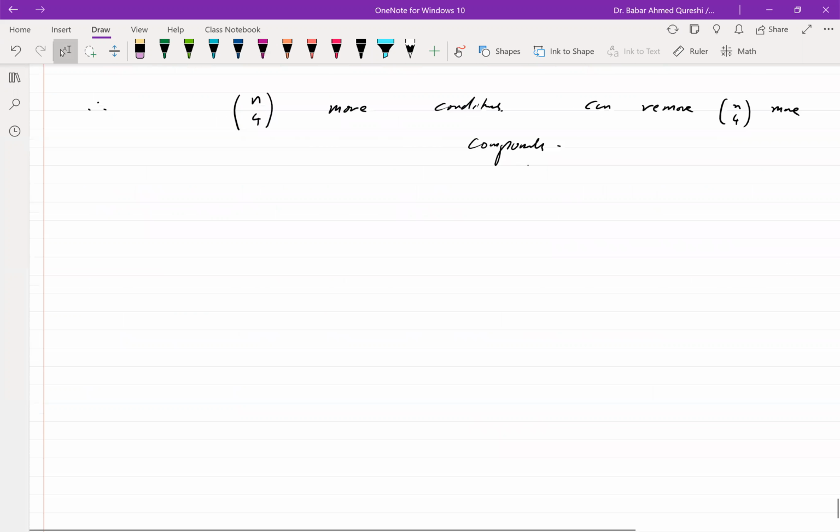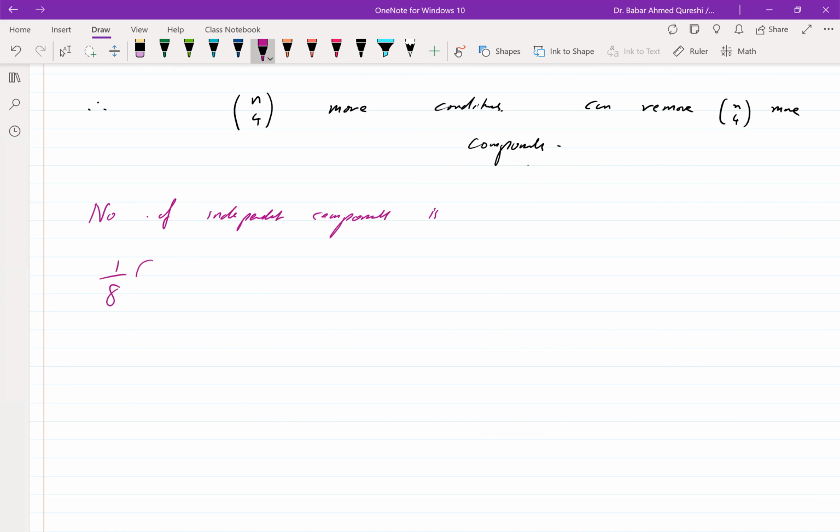So that means the number of independent components is, this was the number we computed, and we have to subtract n choose 4, which is n into n minus 1, n minus 2, n minus 3 over 4 factorial, which is 24.